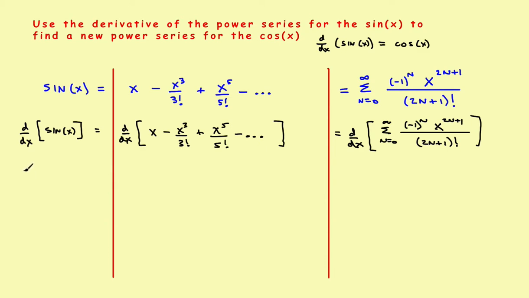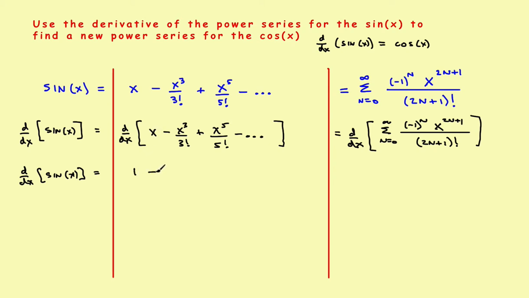Okay, this would be the derivative with respect to x of the sine of x. Now, when you take derivatives of power series, you do what's called term-by-term differentiation. So just treat each term as a power problem using the power rule for derivatives. Think of this as x to the first power, so the derivative of x is going to give you 1.